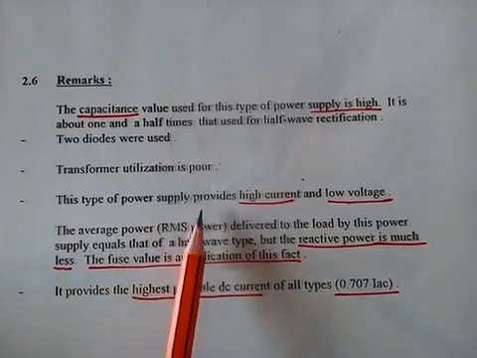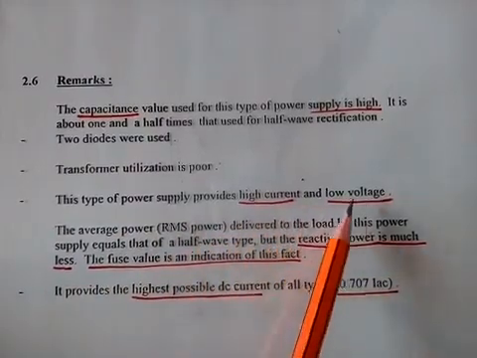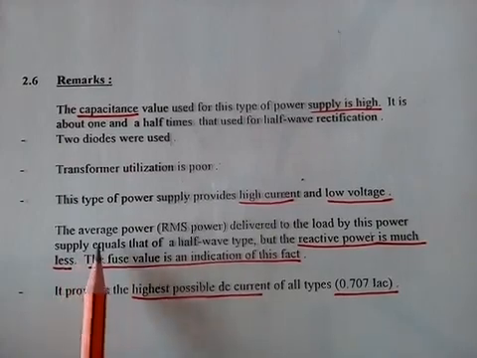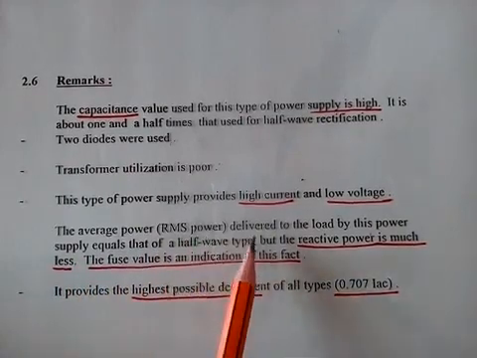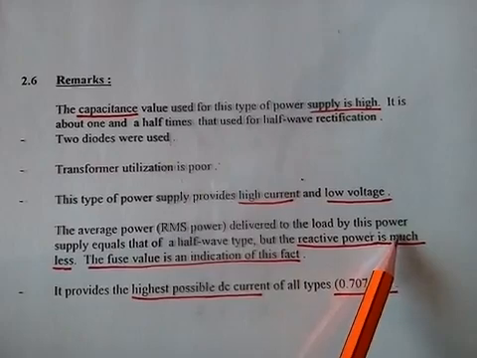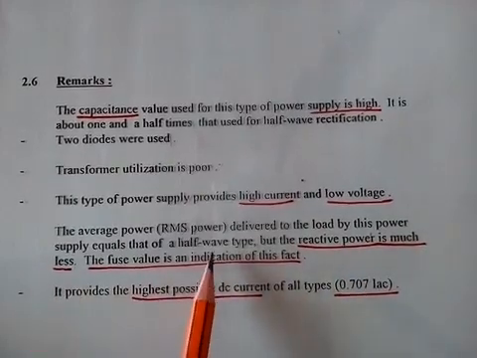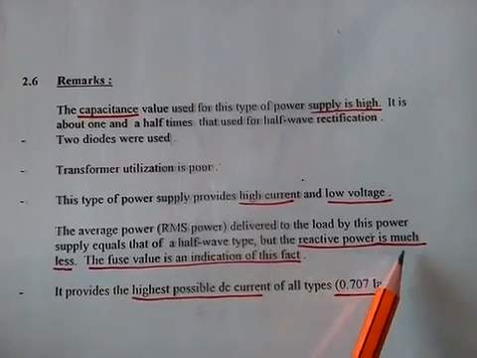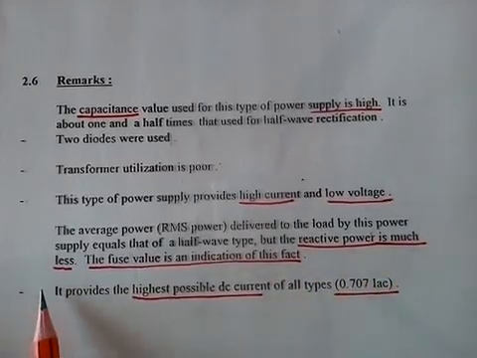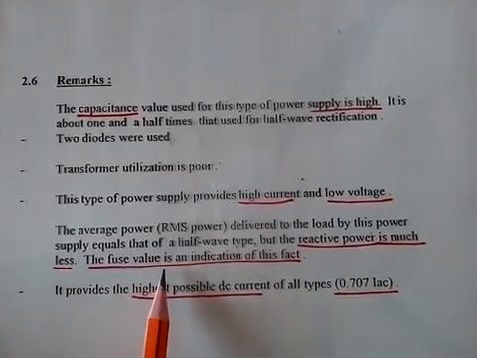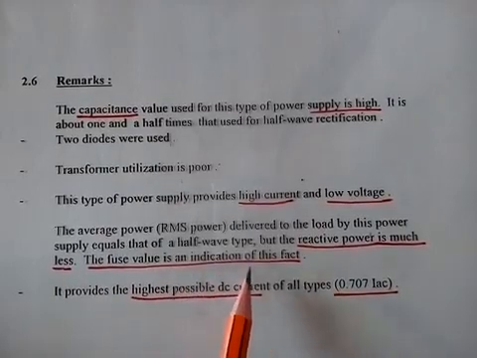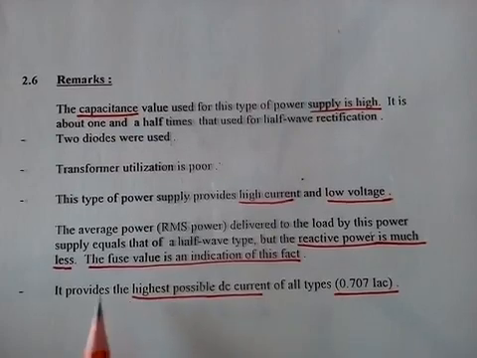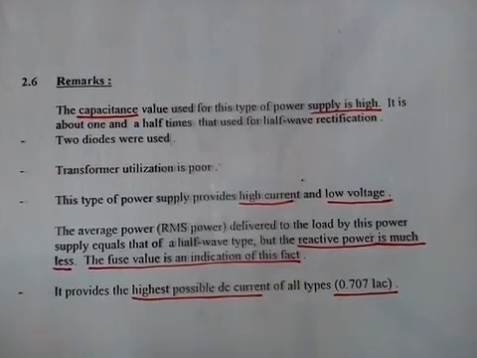Okay, this type of power supply provides high current and low voltage. We discussed that earlier. The average power RMS delivered to the load by this power supply equals that of the half-wave type, but the reactive power is much less. The fuse value is an indication of that fact. And of course, I add to that, no harmonics are present also.